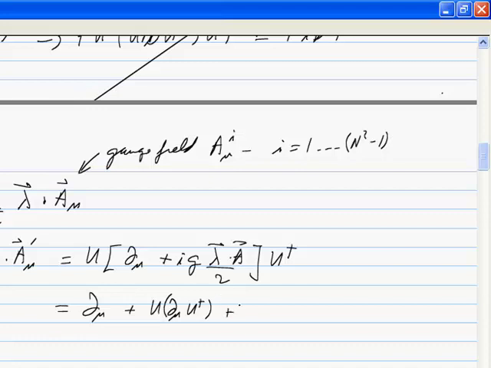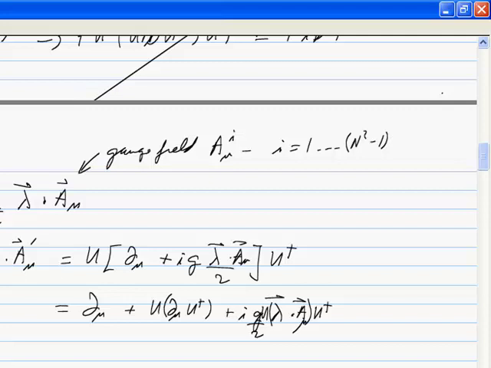And then the other piece is plus i g over 2 lambda dot A, and I have a U and a U dagger on the sides of that. Yes, A is a 4-vector, so I need my little mu's there.